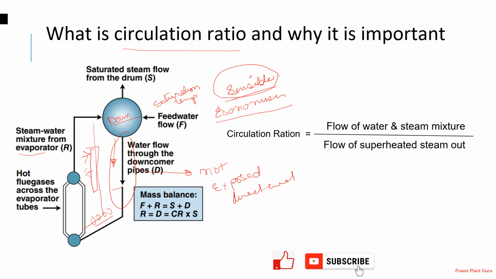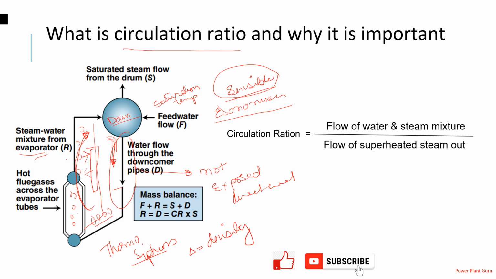So there will be a steam plus water mixture in this line. As the name suggests, the water will evaporate here, and the steam will have the tendency to go up. Here there is no direct heat, so water will come down, and the water plus steam mixture will go up. This is called the thermosiphon effect, and it happens due to the difference in density.